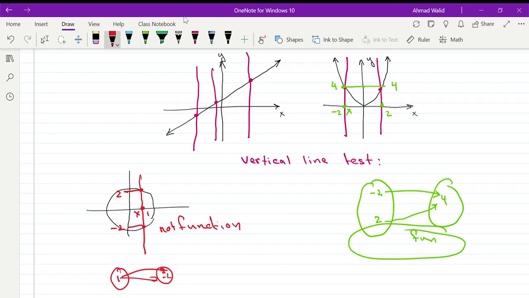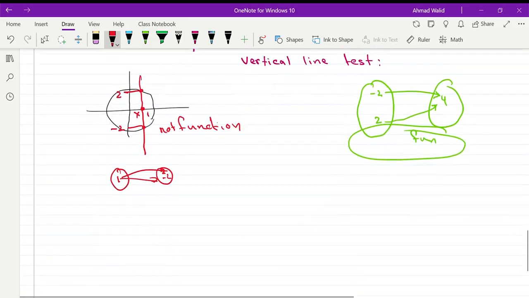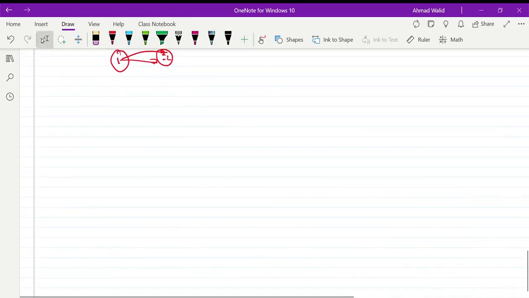Correct? Now, how do you identify whether a given graph represents a function or not? Immediately do a vertical line test. If your vertical line intersects the graph only once, that represents a function. But in different parts of your graph, okay? Not just in one part.